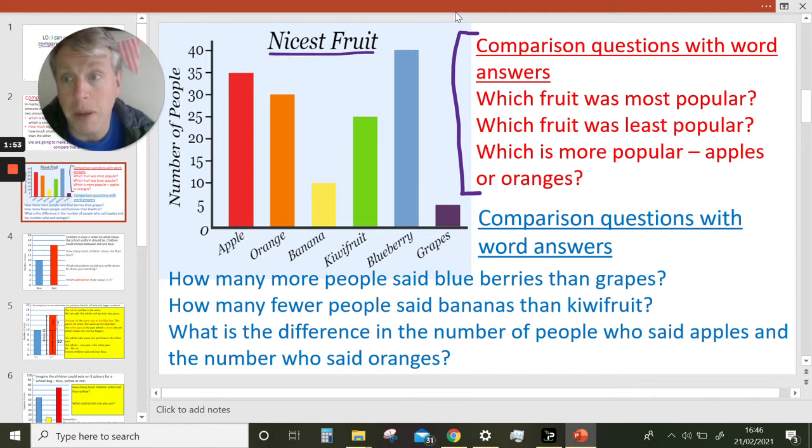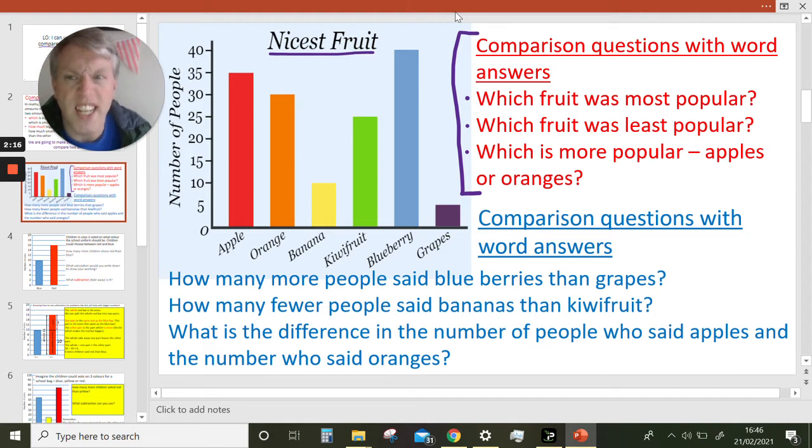So we asked people which fruit they thought was nicest. And all the answers here are going to be word answers. Which fruit was most popular? Well, remember, we're looking for the largest number, the highest bar. Okay, blueberries was most popular.